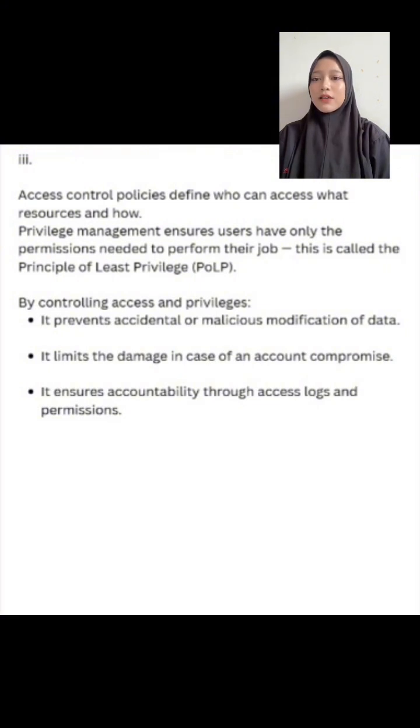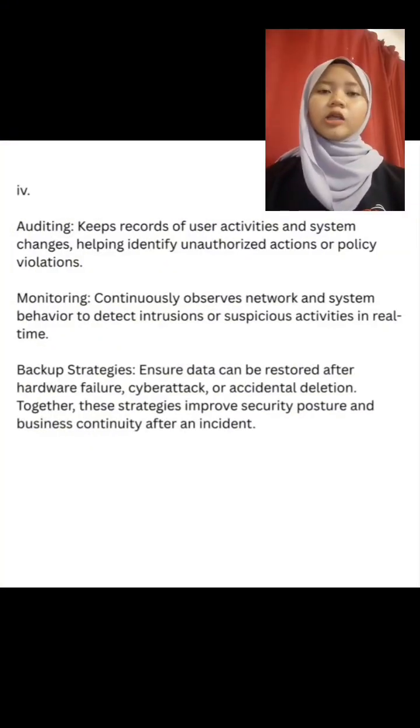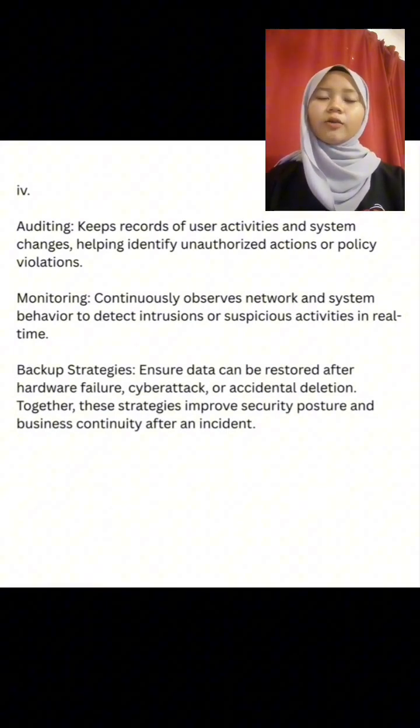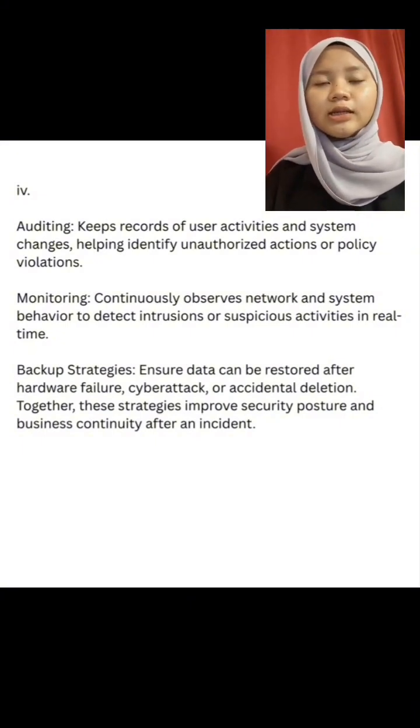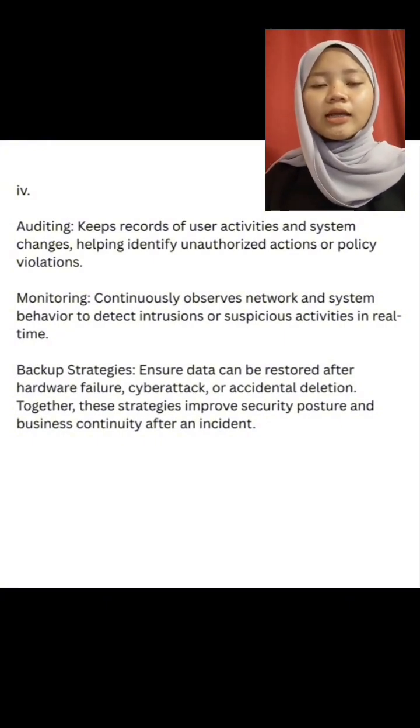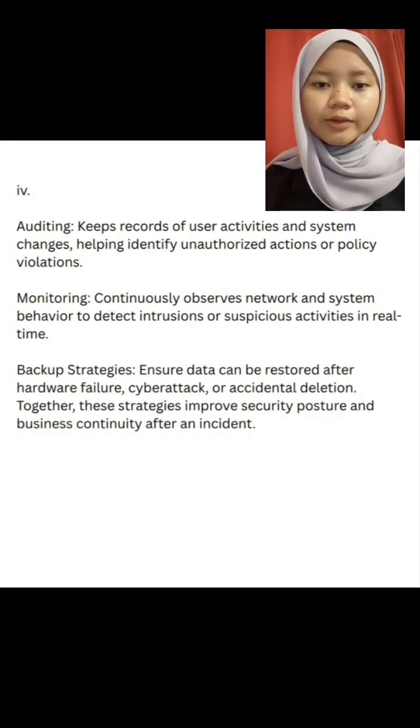It ensures accountability through access logs and permissions. Auditing keeps record of user activity and system change to identify any unauthorized action or policy violation. Monitoring continuously observes network and system behavior to detect intrusion or suspicious activity in real time.